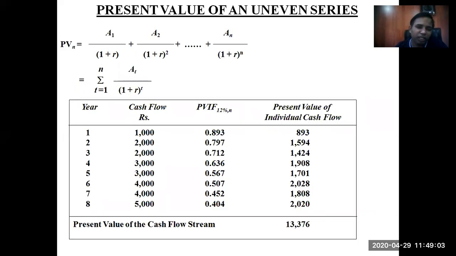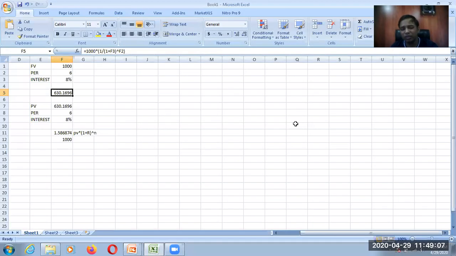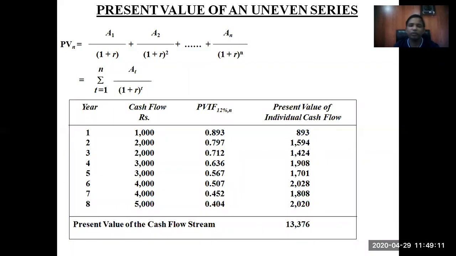Now, present value of an uneven series. What we had seen was a one-time investment, a one-time cash flow. Now, you may receive a cash inflow, you may incur a cash outflow also. And every time your inflow or outflow is incurred, it is not an even series. It may vary.